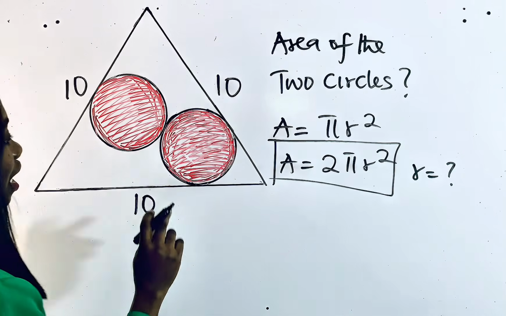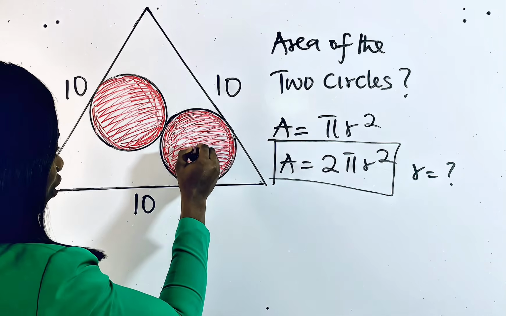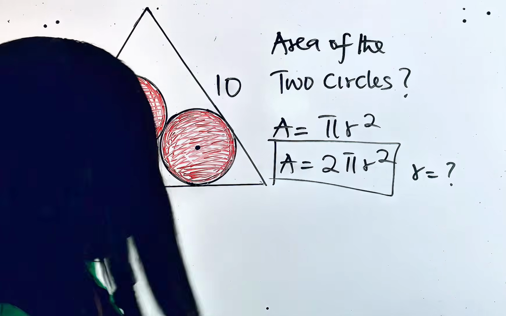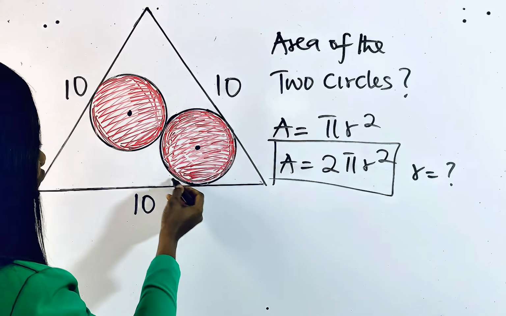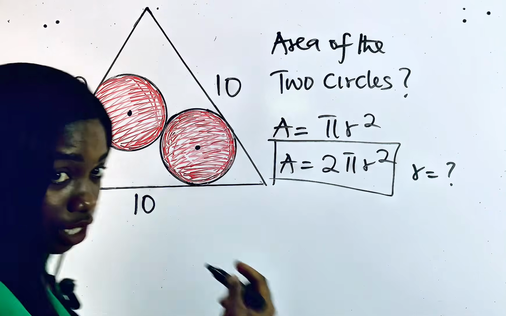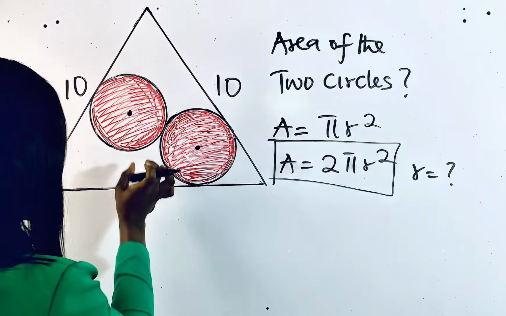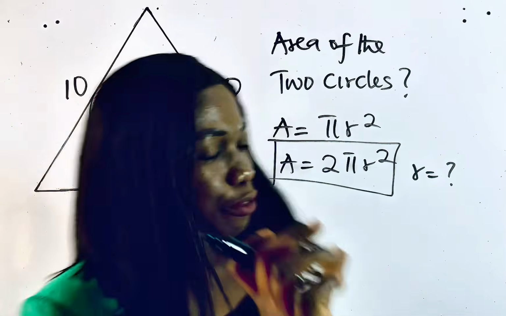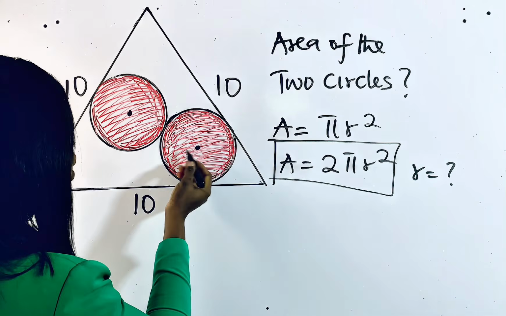Now, remember that this is the center of the circle, and this is the center of this circle. You know too well that the line from the center touching any part of the circumference is the radius. Now, when you have this kind of question, always target the intersecting points. For that, we are going to have our radius.